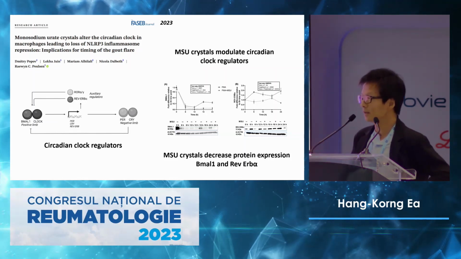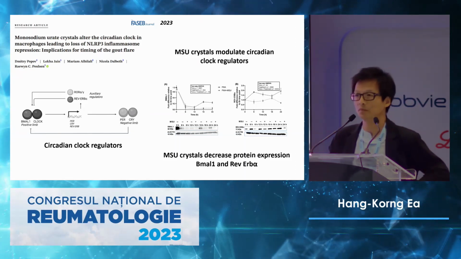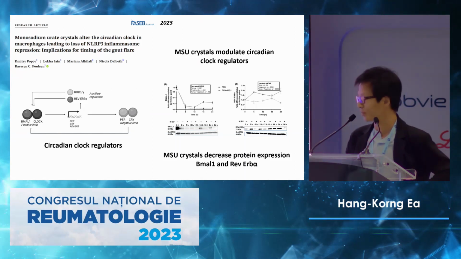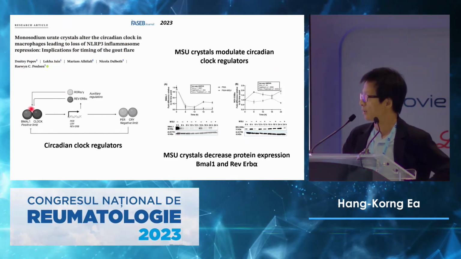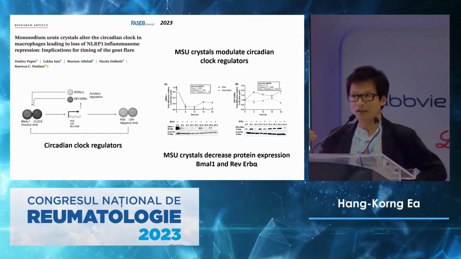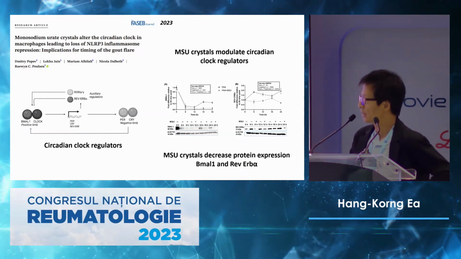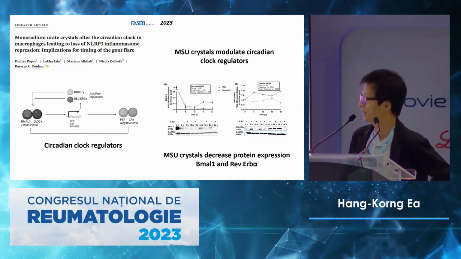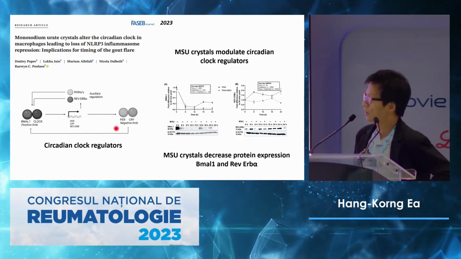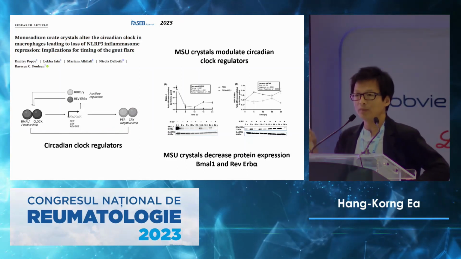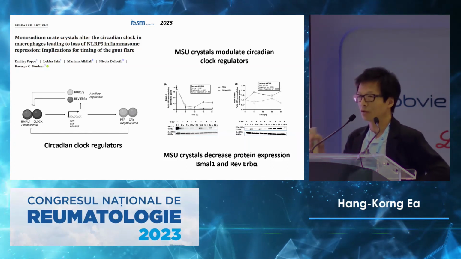We know that the circadian clock is modulated by several actors, but the main one is the transcription factors BMAL and CLOCK, which form a dimer, and this dimer will activate a lot of genes, which are, for example, period and cryptochrome. And period and cryptochrome are negative regulators of the circadian clock.